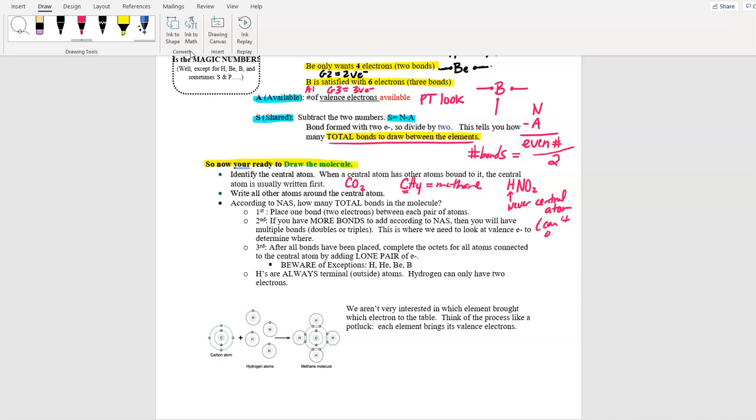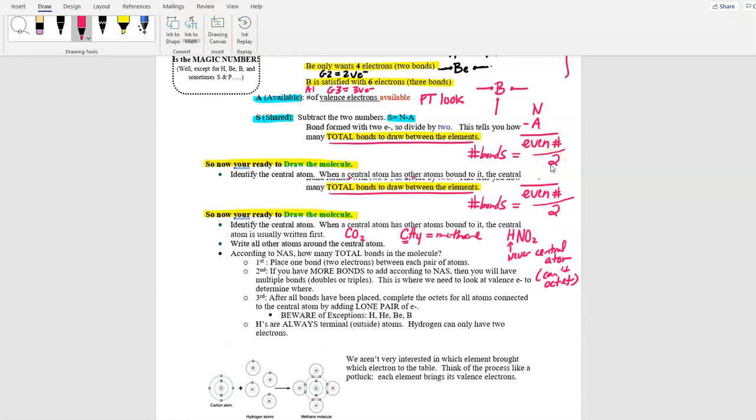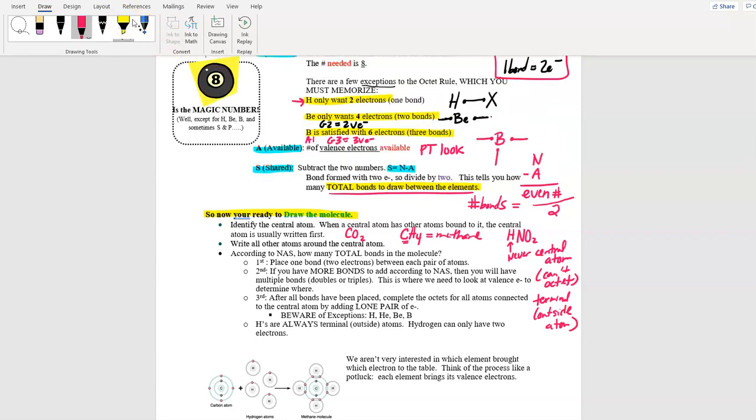Hydrogen can only get up to 2. So if you have a hydrogen, he will always be what's called a terminal. And the word terminal means an outside, a surrounding atom. He will always be an outside atom.